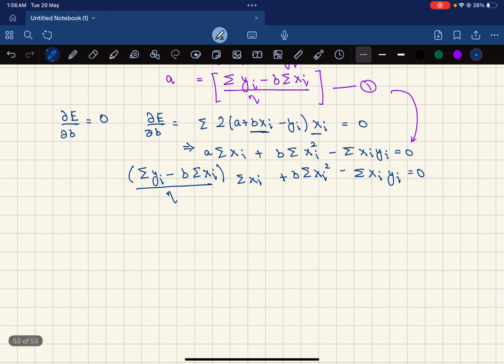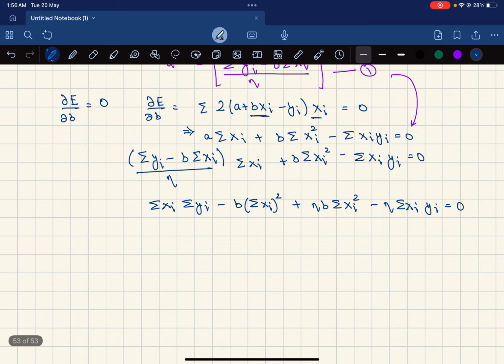Now we can multiply the whole equation by n, and we are left with summation xi summation yi minus b summation of xi whole square plus nb summation of xi square minus n summation xi yi equal to 0.